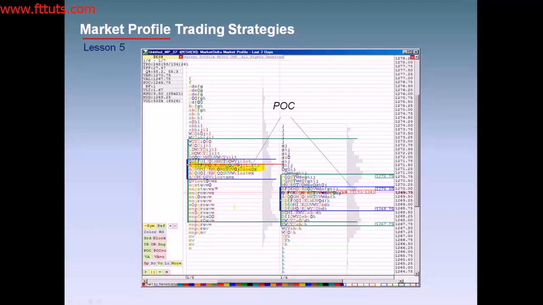That's the POC. And so we have two POCs here, and the one on the left actually has more prints, so it would be identified as a more potent POC, but the other one is really not that far behind it. So what this is telling me is this is an area where prices were accepted. And you notice also there's not that much of a gap between the two of them.